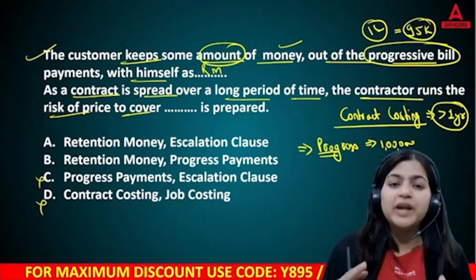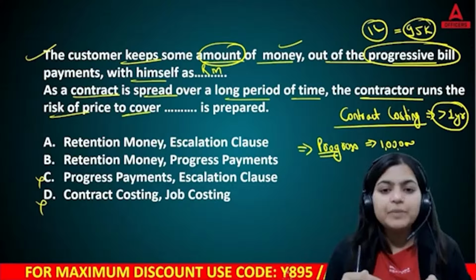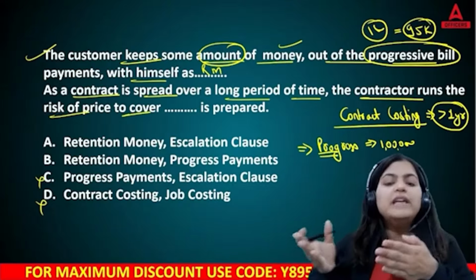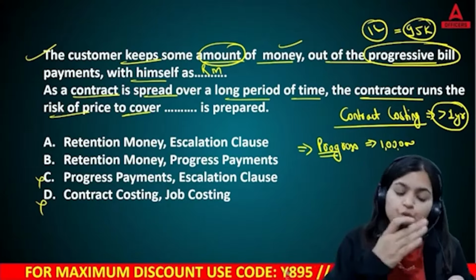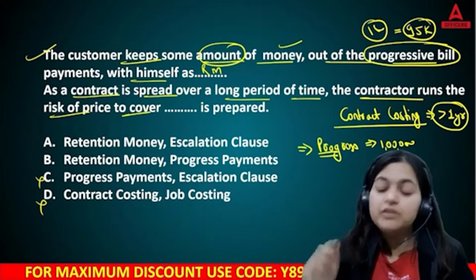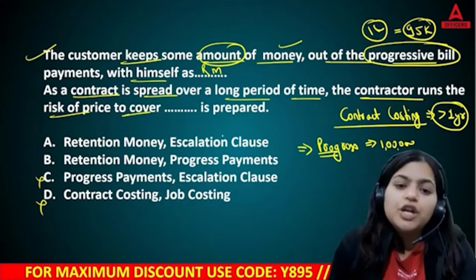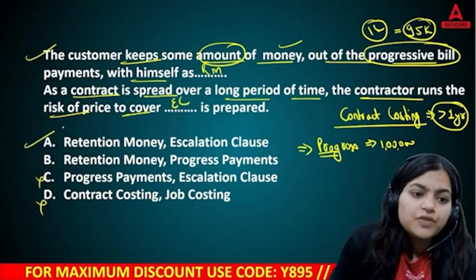And contractors are very smart, so while making the agreement they write under terms and conditions that tomorrow, if any amount increases related to material or labor during the construction, the customer is liable to pay for it. That is what? The escalation clause. So this is your escalation clause. The right answer is option A. I hope everyone got this one.